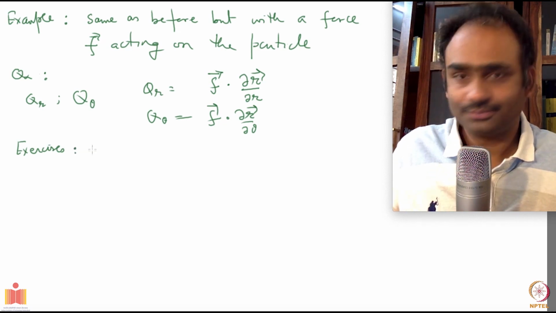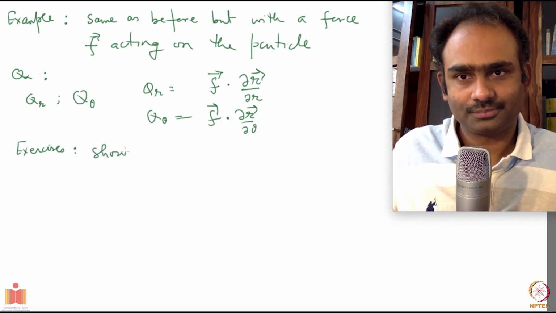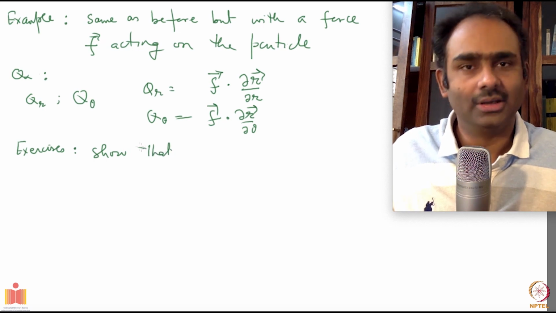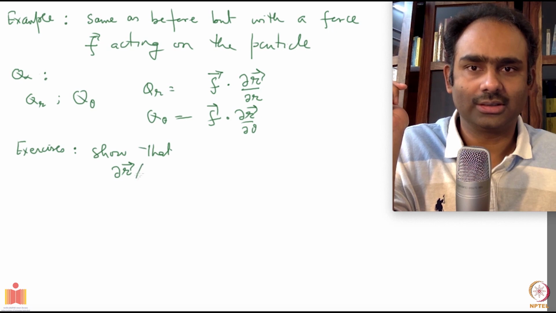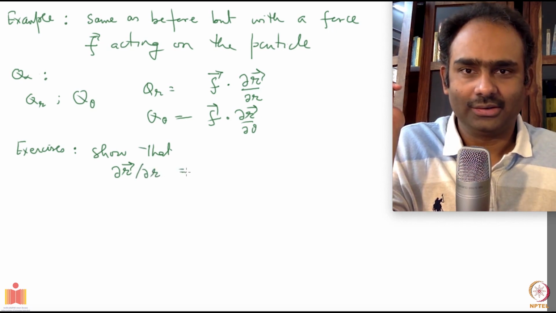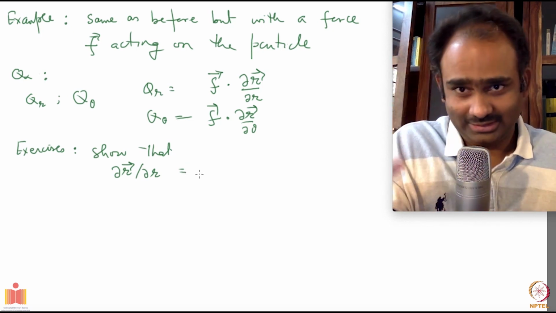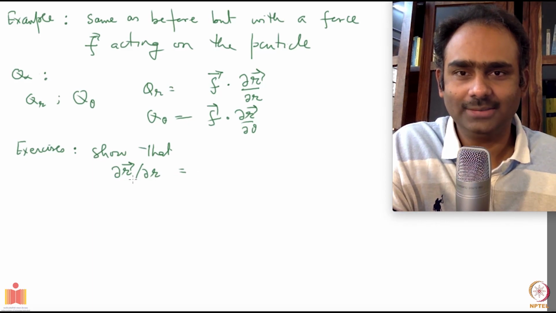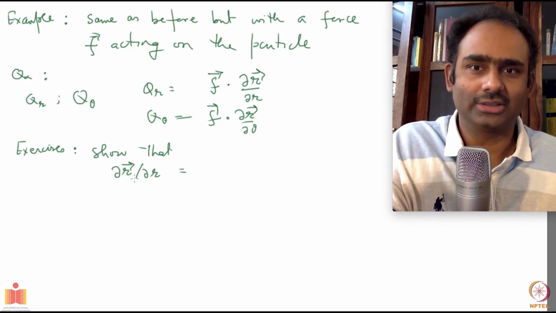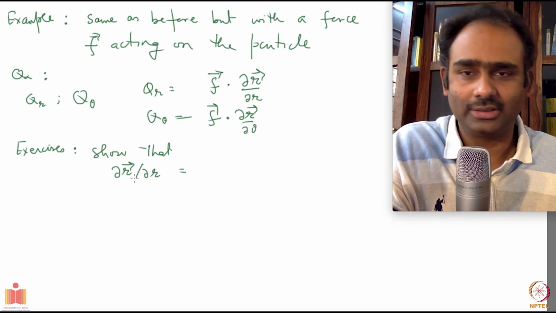Show that if you take the derivative del R over del r, I'll tell you the result, but even before that, look at the left hand side, this is a dimensionless quantity. You have the dimensions of length in the numerator here and dimensions of length in the denominator.